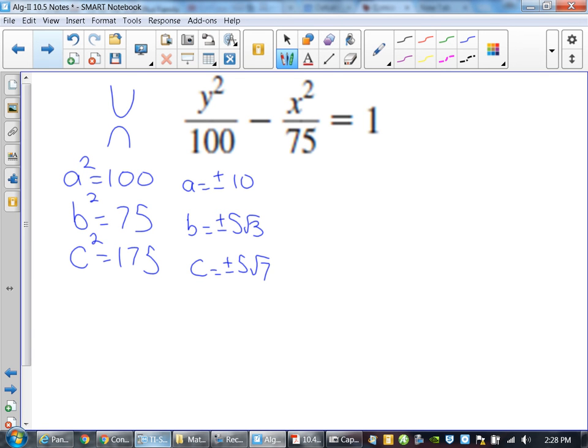And you hear A's, B's, and C's rather quickly. Do you have to write straight out a equals plus or minus? It doesn't hurt, because what I see happening a lot of times, Haley, is that when you go and do your a squared plus b squared equals c squared, you might accidentally write 10 plus 5 root 3 equals c, and that would be wrong.